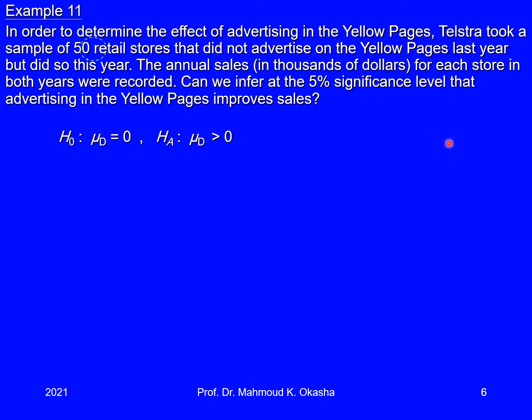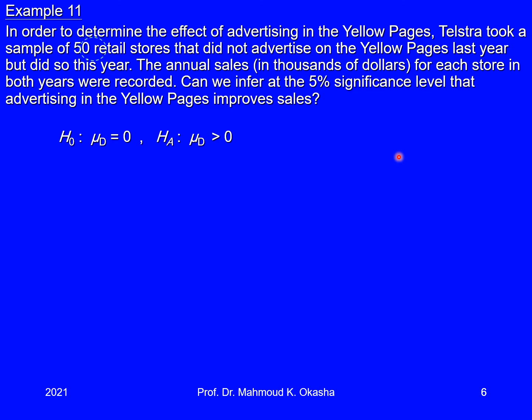We have the annual sales for both years, the year in which the company did not advertise in the Yellow Pages and the year in which the company advertised in the Yellow Pages, in thousands of dollars for each store. Both years are recorded. Can we infer at the 5% significance level that advertising in the Yellow Pages improves sales?